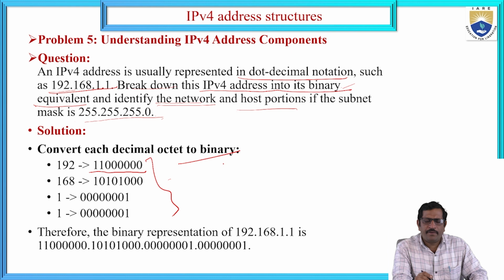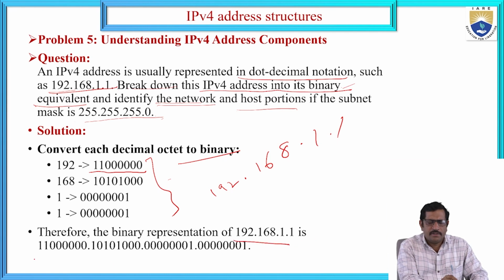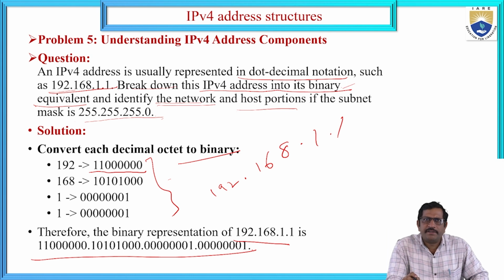So this is the binary form equal to the IP address 192.168.1.1. Therefore, this is the binary representation of the machine's IP address, the IP address binary representation.